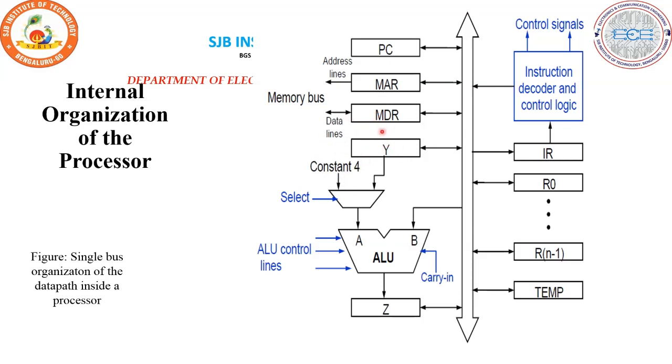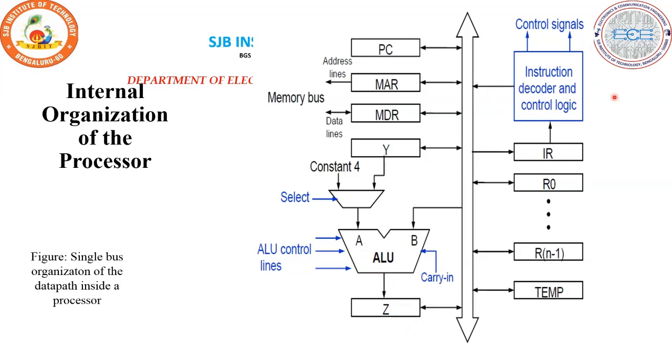The constant 4 is used to increment the program counter by 4 bytes. ALU stands for arithmetic and logic unit. It takes two inputs, A and B, and the output of the ALU is given to the Z register.